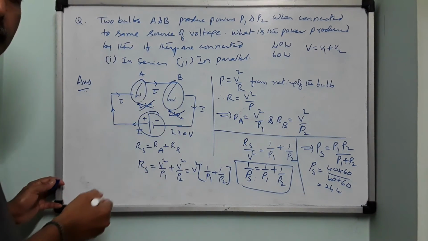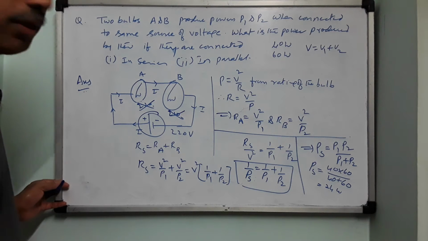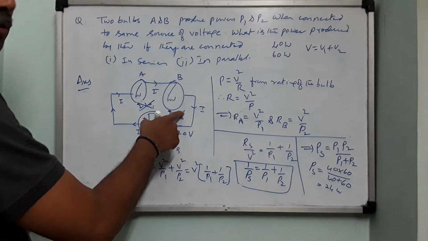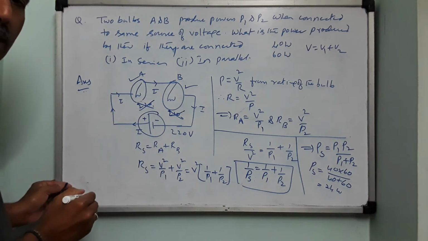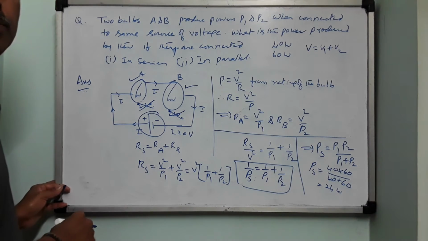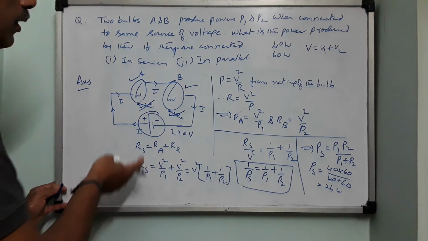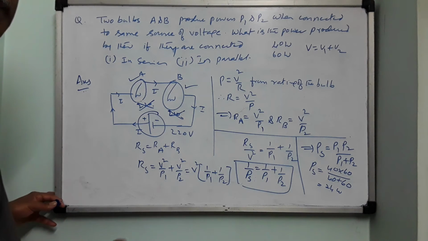How does the voltage divide? In the direct ratio of the resistances. The more the resistance of the filament, the more the voltage across it. Across this there will be more voltage, across this there will be a small voltage, but nothing is equal to 220 volt, all less than 220 volt. That is the reason why they are unable to produce power greater than the individual.